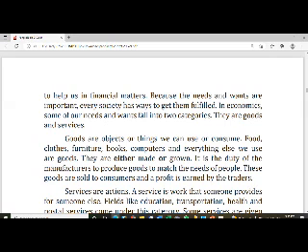In economics, some of our needs and wants fall into two categories. They are goods and services. Goods are objects or things we can use or consume. Food, clothes, furniture, books, computers and everything else we use are goods.